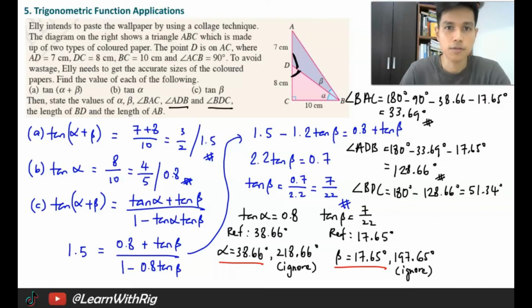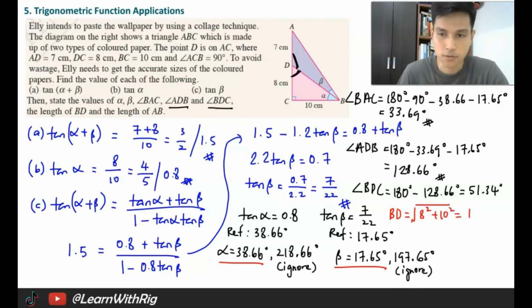Let's see what's the next one. Now they ask you to find the length of BD and also AB. BD is here. This one you can use Pythagoras theorem, because you already know 8 and 10. So BD equals the square root of 8 squared plus 10 squared.